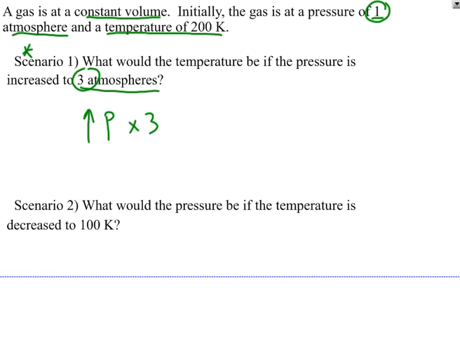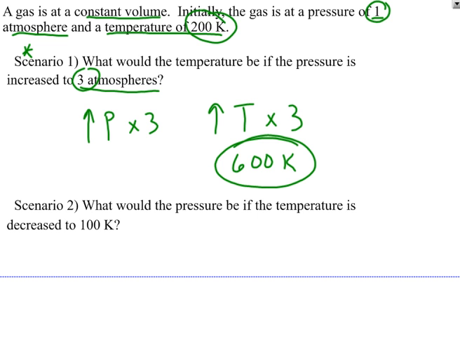Knowing that volume is constant, the temperature should also increase by the same factor. Since the pressure increased by 3, the temperature should increase by 3. Since the temperature started at 200 Kelvin, the final temperature would end up being 600 Kelvin. So that is our answer for that first scenario.